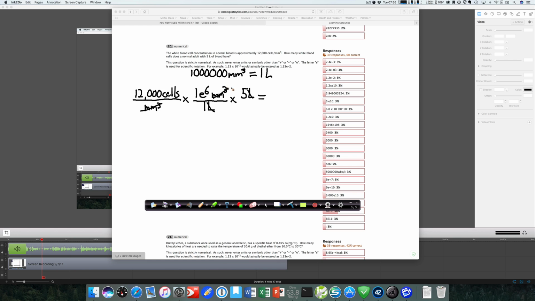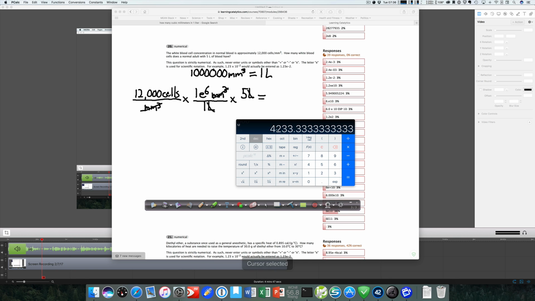Okay, so anyways, let's bring up the calculator and see what we get. 12,000 times 1e6 times 5 is expected to be a huge number, which it is. Holy moly, we've got an implied decimal point right here.